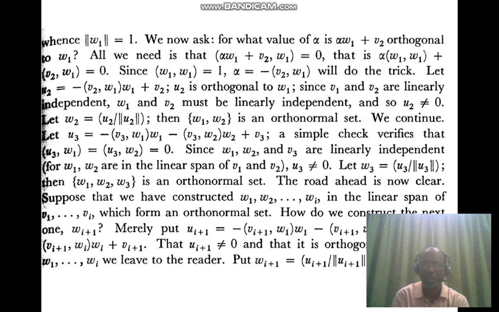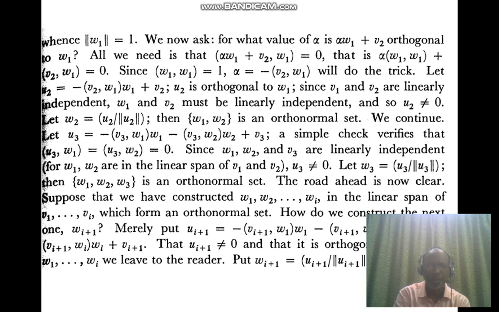What is going to happen? Take the inner product (alpha w1 + v2, w1). The inner product becomes alpha times (w1, w1) plus (v2, w1). I know the inner product (w1, w1) is equal to 1, and when alpha is equal to minus (v2, w1), it will be zero. So I am assuming a new value called u2. u2 is assumed to be minus (v2, w1) times w1 plus v2.